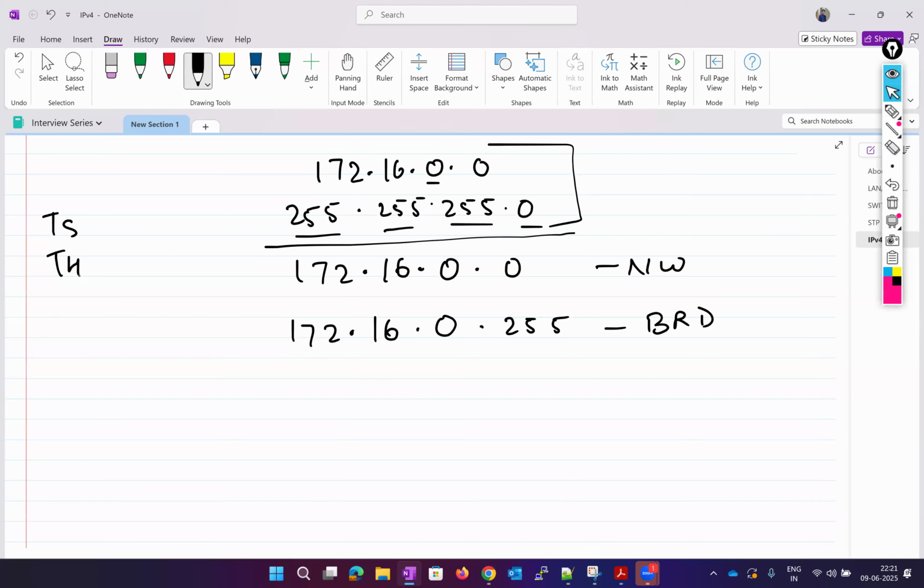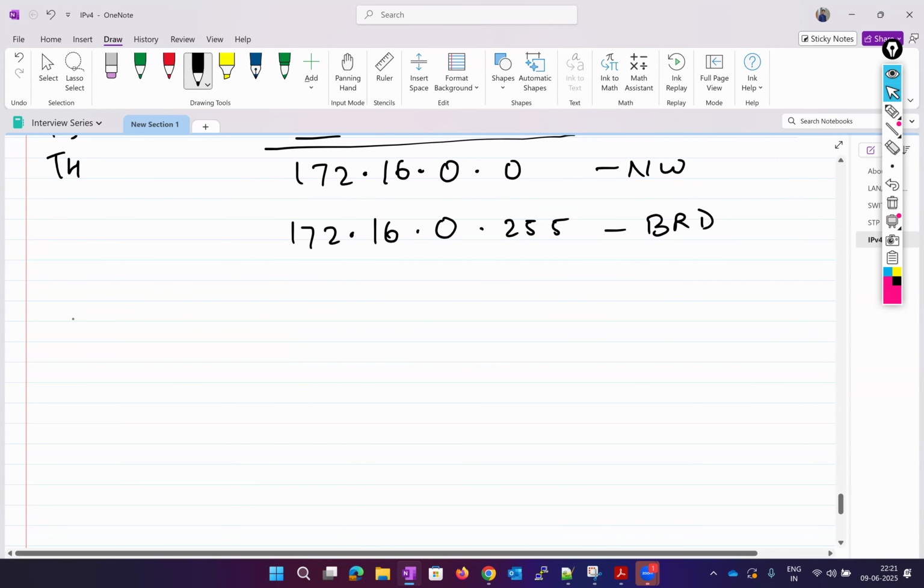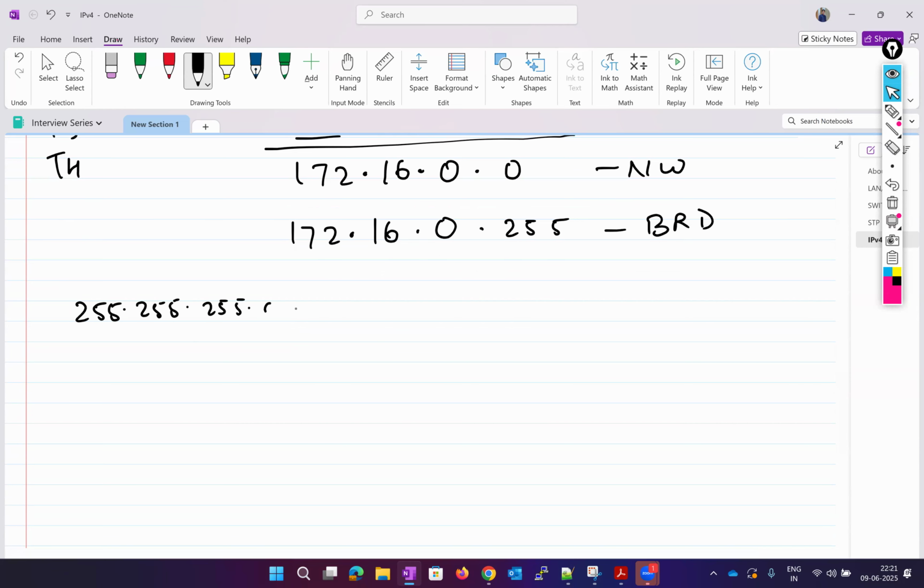So we found out that with 172, the address mask is 255.255.255.0, so the prefix, the total number of ones, is 24. We know that 172 is a class B IP address, so 16. So subnet bits equal 24 minus 16, giving us 8.